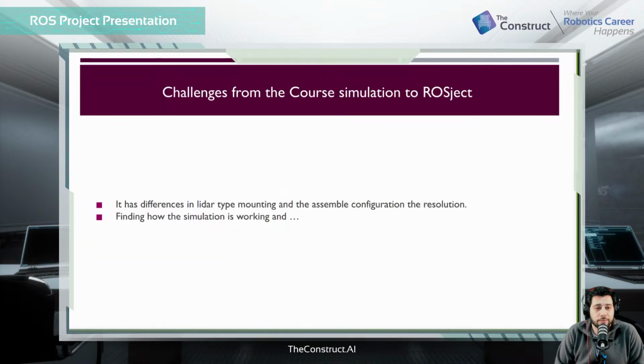For the first step, we had some problems when moving from the simulations in the course to the real robot, but it was okay. For example, some assembly issues, such as mounting the LiDAR on the robot, and some simulation differences.